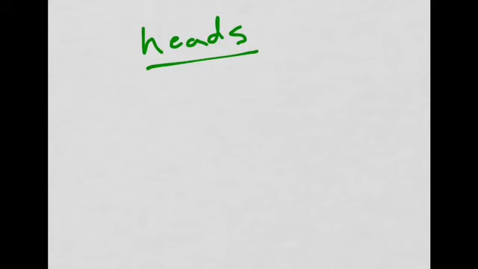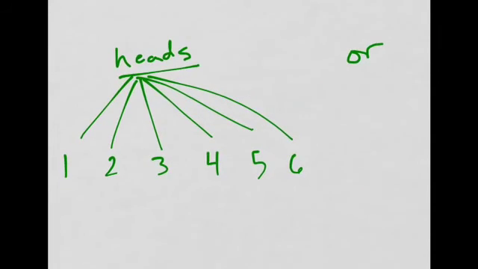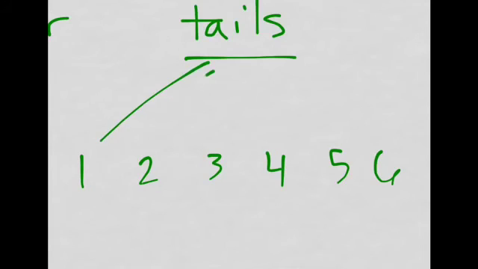What could happen with the die? Well, I could have a 1, 2, 3, 4, 5, or 6. I could have flipped heads and landed one of those 6 outcomes. Or I could have flipped tails and then also gotten 1, 2, 3, 4, 5, or 6 on the die.